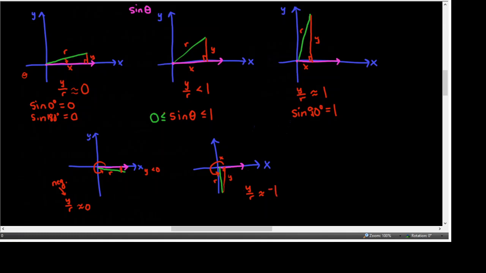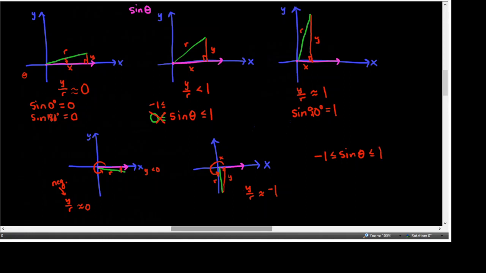And so as it turns out, this being bounded below by 0 is actually not true. It's actually bounded below by negative 1. So let me write that over here a little bit cleaner. All answers for sine of theta are between negative 1 and 1 inclusive.